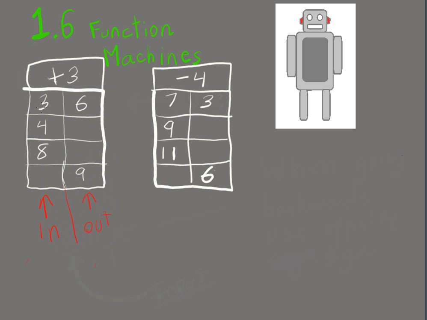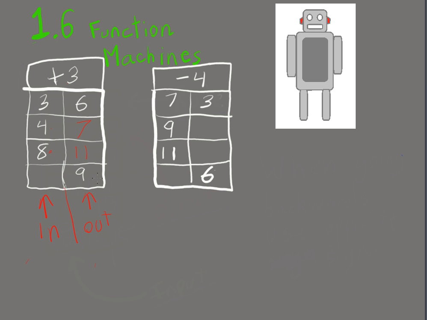Okay, so if you did these correctly for your 4 goes through your function machine, so 4 plus your 3, you should have had 7 for your output. For your next one, we had an 8 plus our 3 going through the rule, we would have had an output of 11. Now the bottom one's a little tricky.